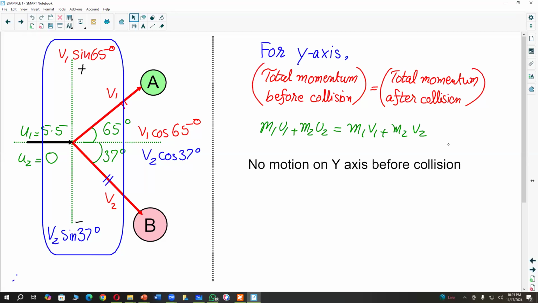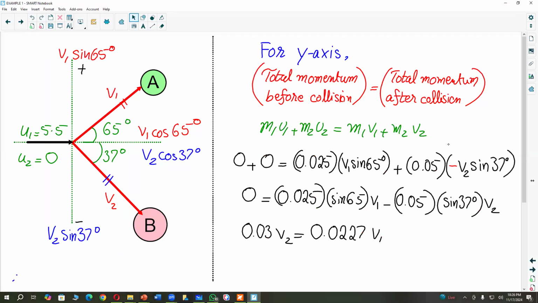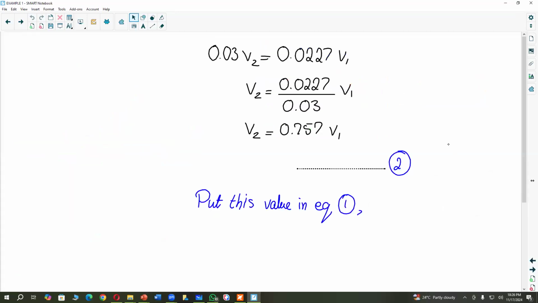There is no initial velocity on y-axis, so it will be a big zero before collision. 0.03. Yes, sir, I made the equations. Now we have two equations.